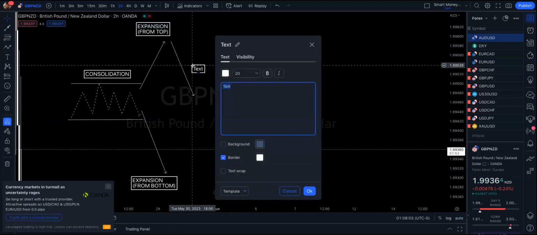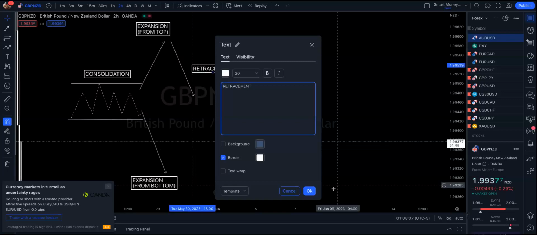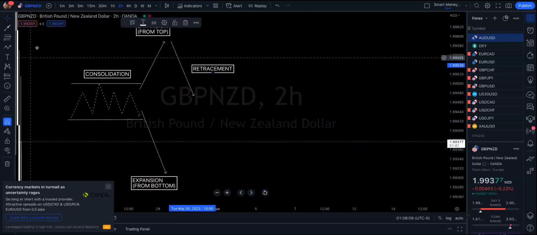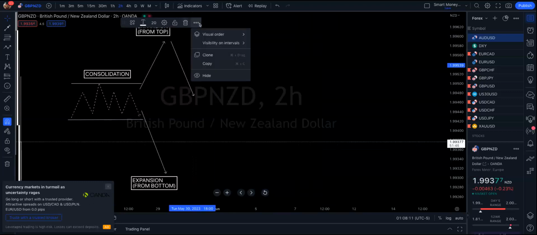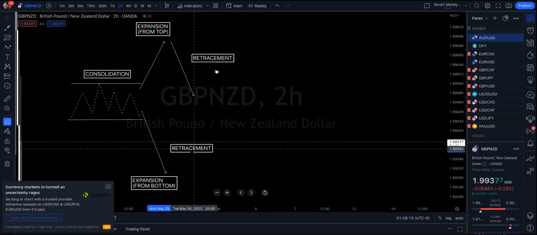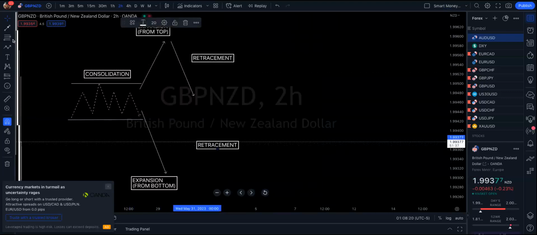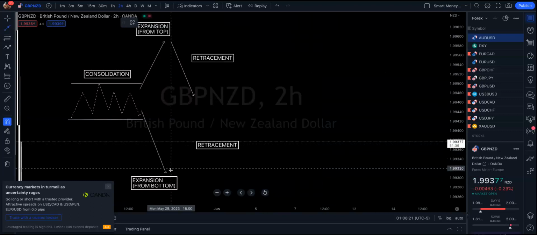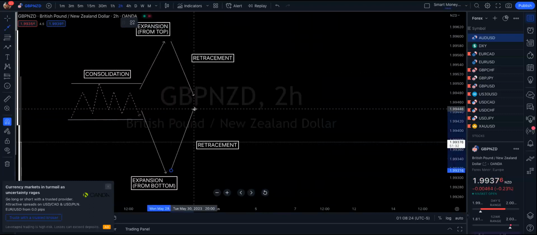That's the retracement, back inside the zone.